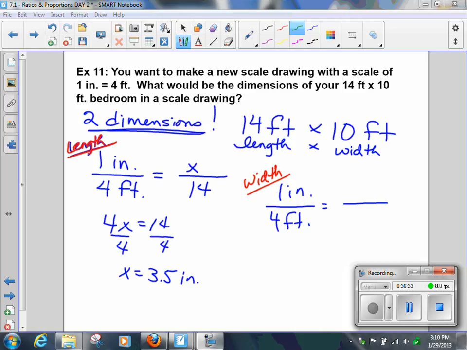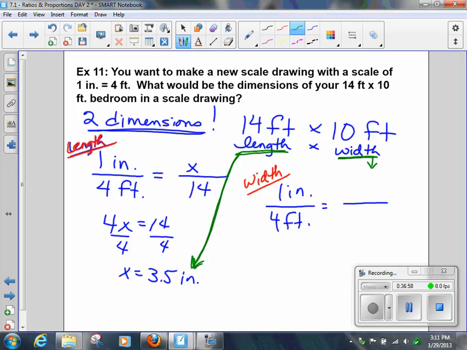Well, see how we took care of our length first over here? We're going to take care of our width now. So, what am I going to do with 10? All right, look. We had to figure the length first. And that's why we did this one. We only fooled with the length part of this problem.